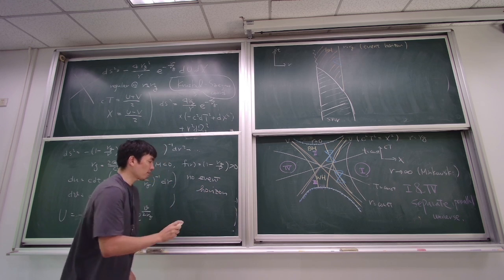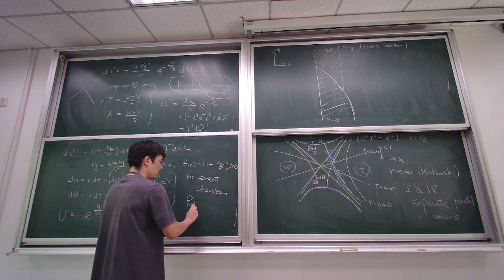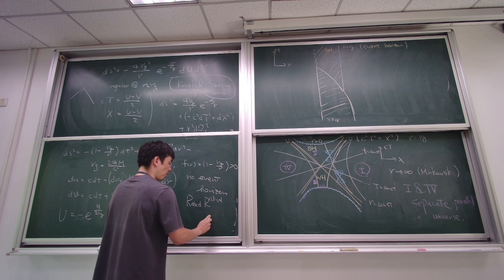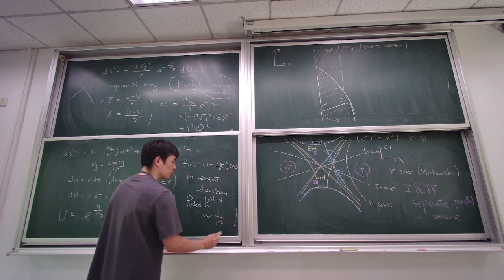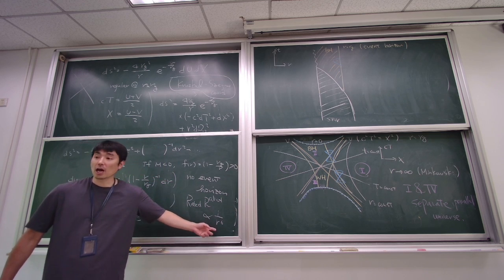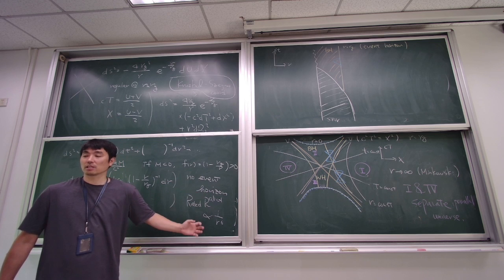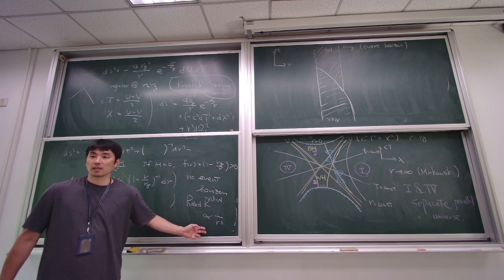But we know that the curvature R_abcd is proportional to 1 over r to the 6. So there is a singularity when small r equals 0. Even though there is no horizon, there is some singularity in the spacetime.